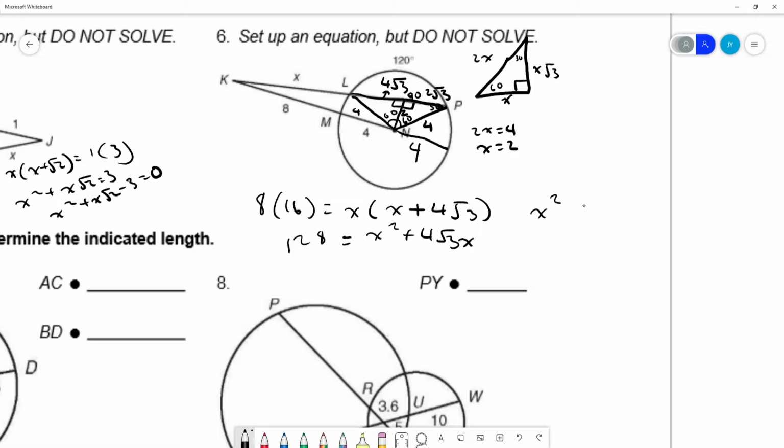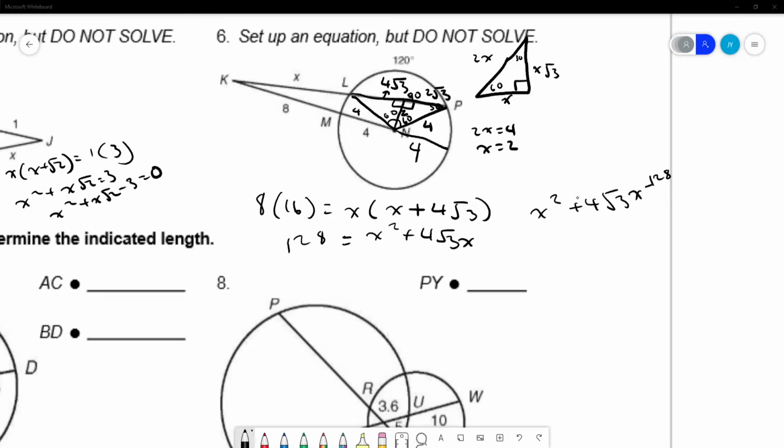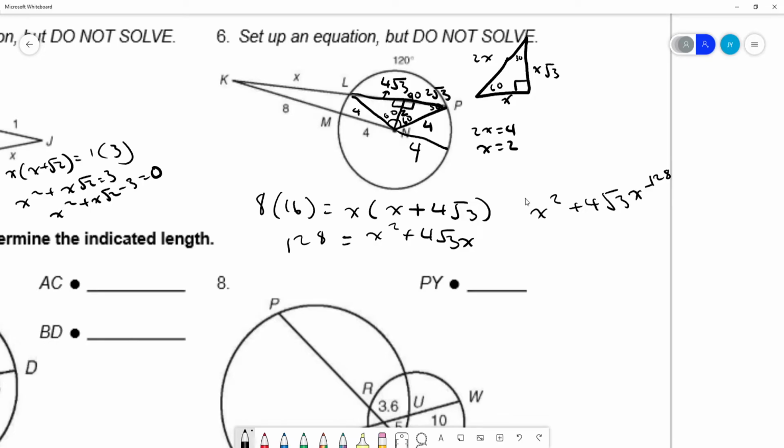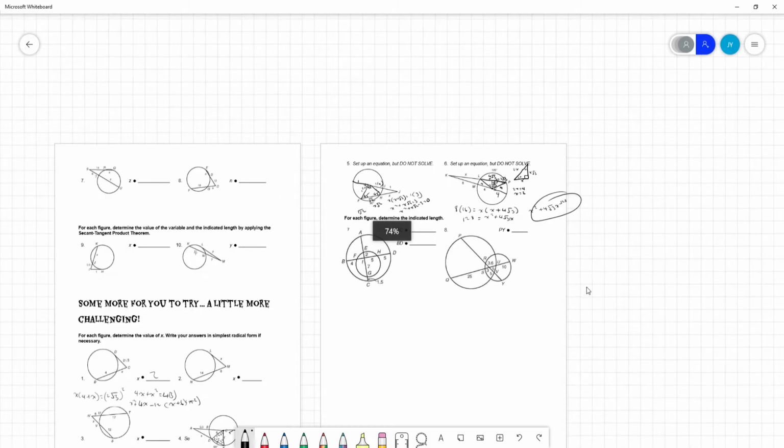And then just put them on the same side. And boom, guys, that is your final equation, and that is how you solve these types of problems.